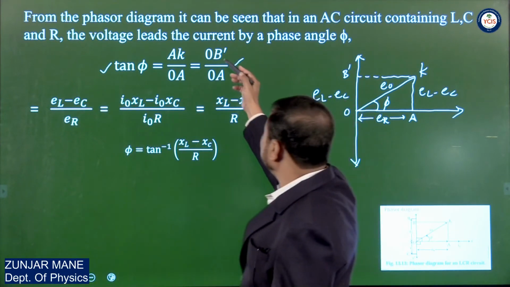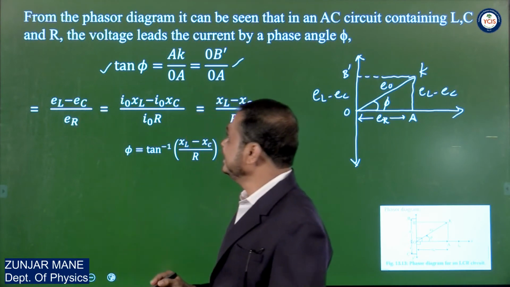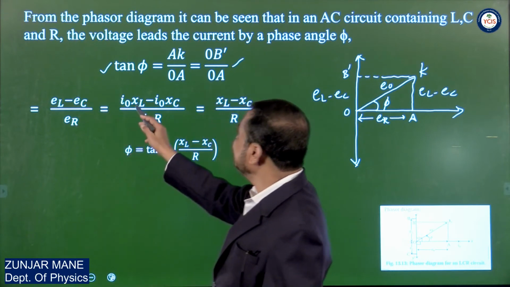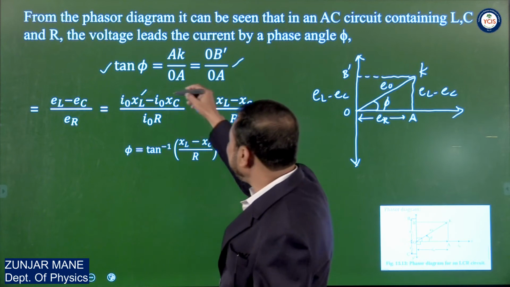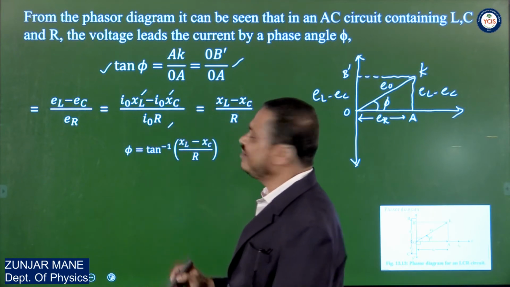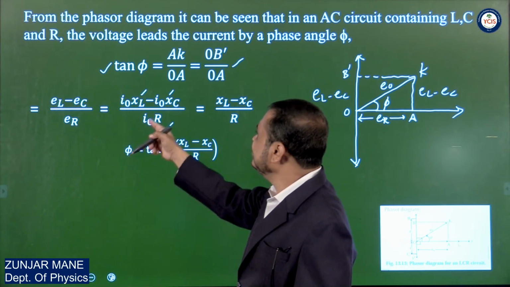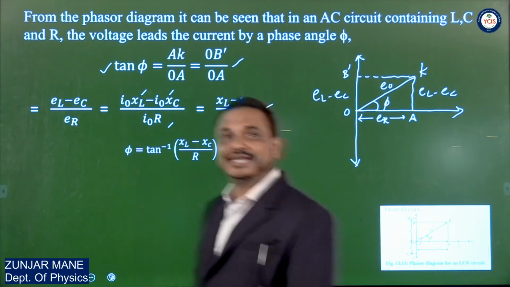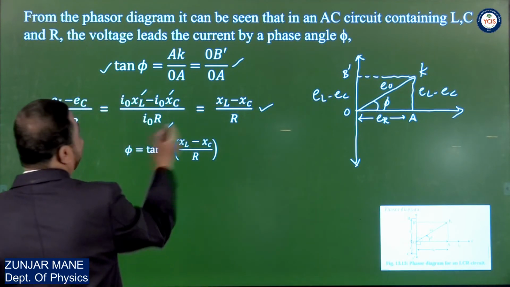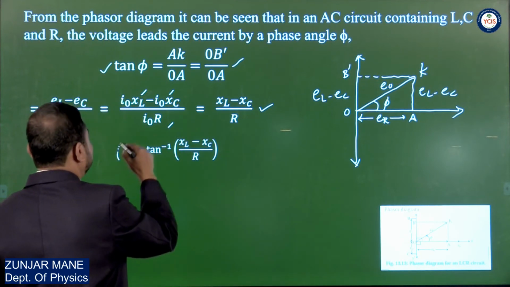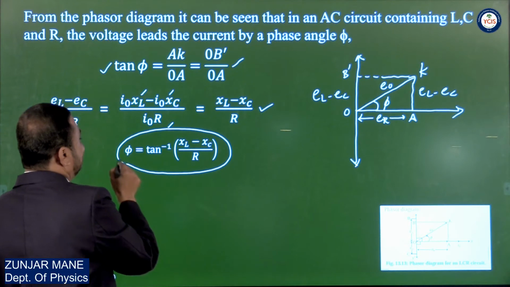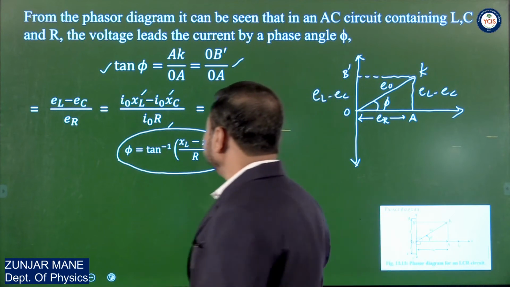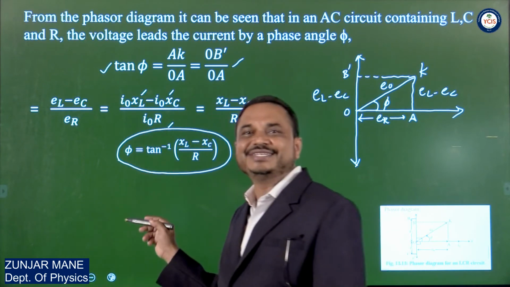Now if we substitute the value of OB dash, that is EL minus EC, divided by the value of OA, that is ER, but EL is equal to I0 XL, EC is equal to I0 XC, and ER is equal to I0 R, then dividing both numerator and denominator by I0, we get (XL minus XC) divided by R. Therefore, phi is equal to tan inverse of (XL minus XC) upon R, where phi is the phase angle between voltage and current.